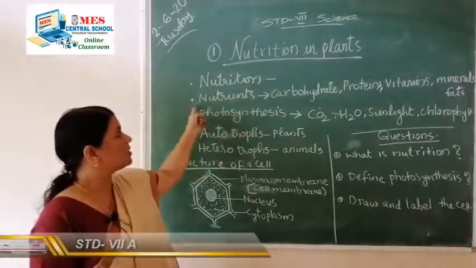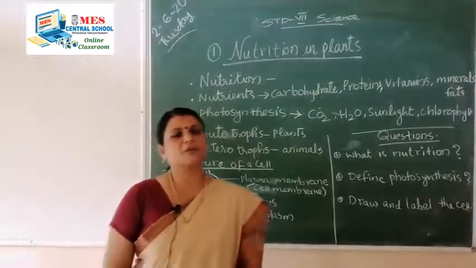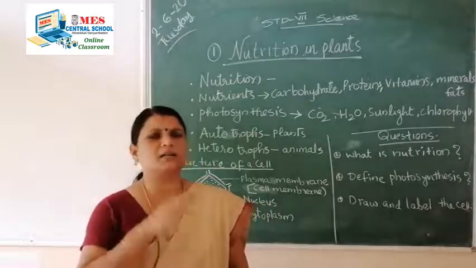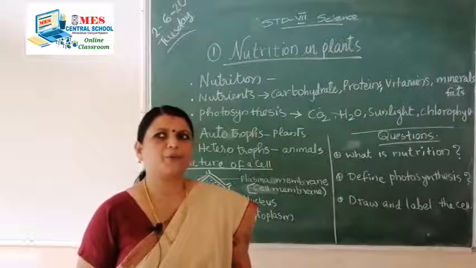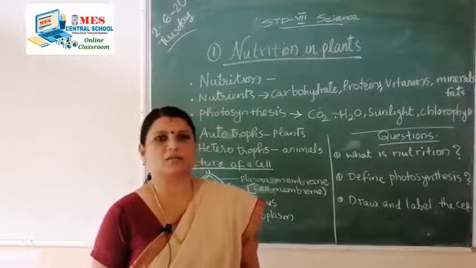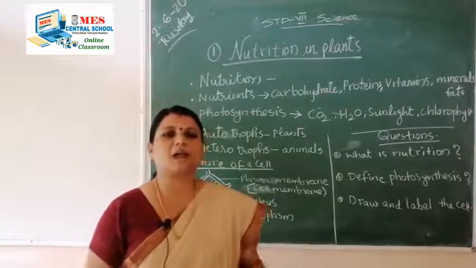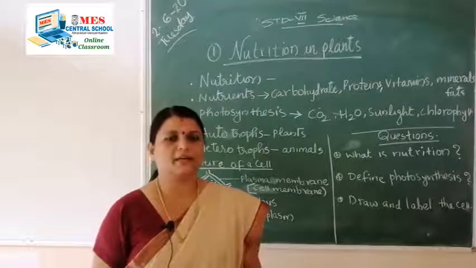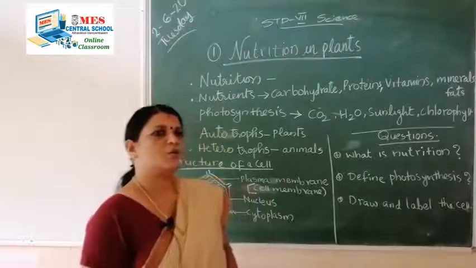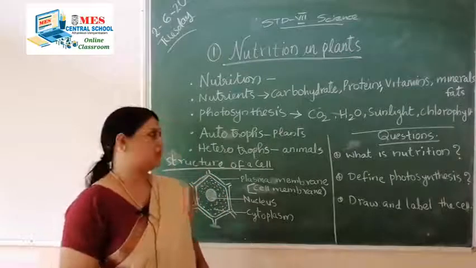So in the next step, nutrients. What are nutrients? As we know, nutrition and nutrients, all the things you already learned in the 6th standard. So the nutrients are the essential components of food. We are eating different kinds of food daily, so we will get different types of nutrients through the different food materials.